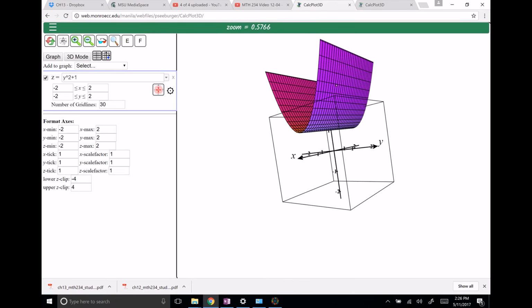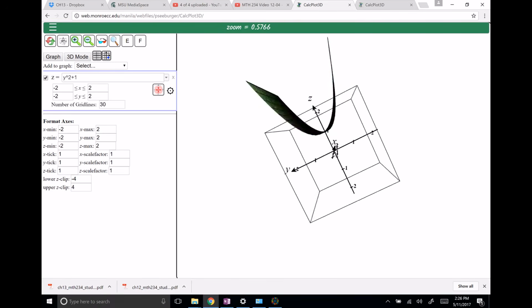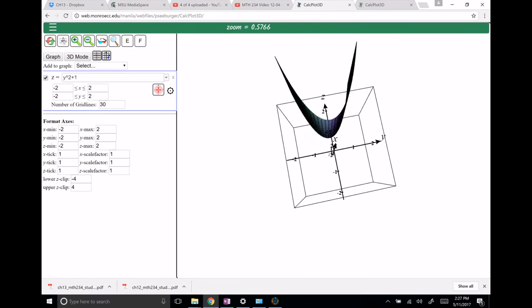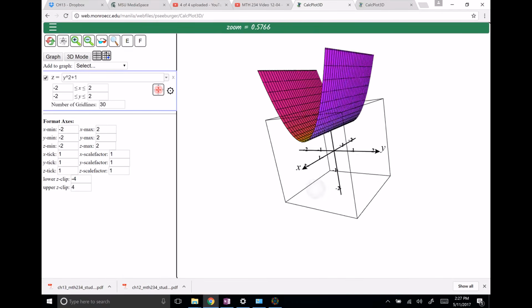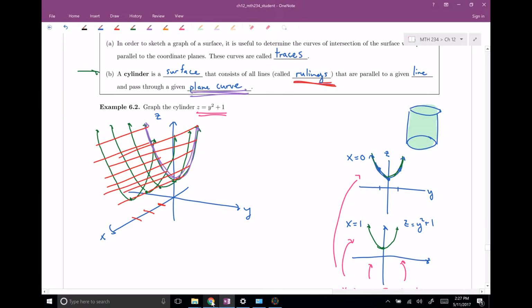And you can see it generates these rulings, these lines that are parallel to a specified line, and the traces. It kind of has these little parabola things going over and over again, those are the traces. Okay, so this picture, especially as we line it up kind of like ours, the claim is it actually looks pretty good.